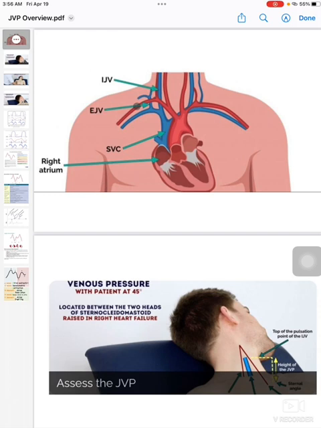However, because the external jugular vein typically branches at a right angle from the subclavian vein, unlike the internal jugular vein which sits in a straight line above the right atrium, it is less reliable. The external jugular vein is a less reliable indicator of central venous pressure.